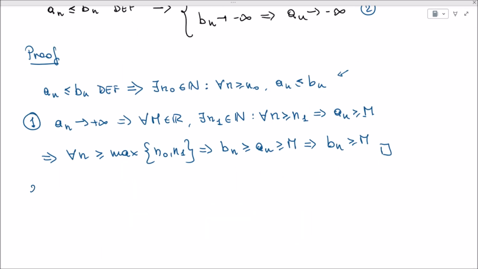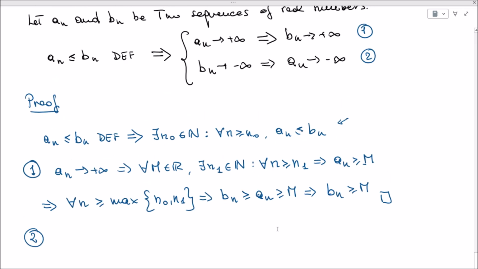Well, the second part, as you can imagine, is absolutely analogous to this. We just need to translate in symbols, using the definition of a sequence which is divergent to minus infinity.